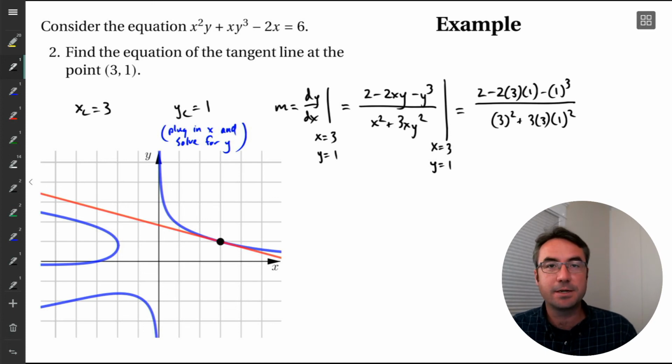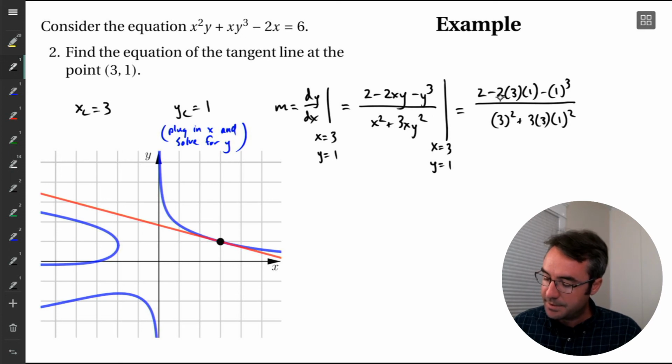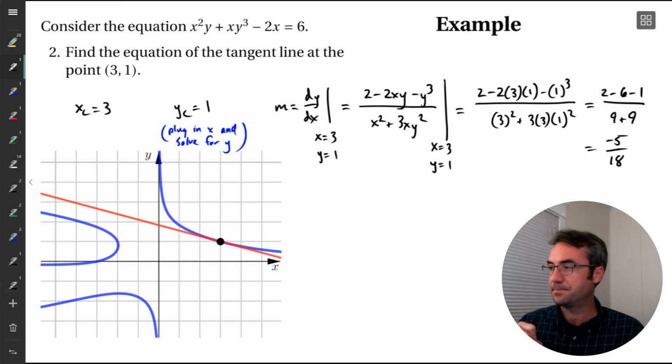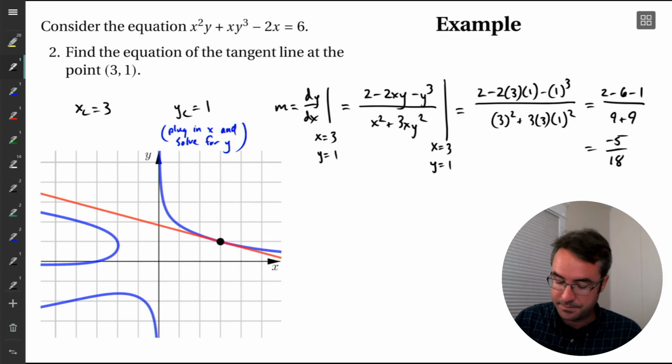We've just plugged in x equals 3 and y equals 1. Clean this up, we get 2 minus 6 minus 1 on the top and 9 plus 9 on the bottom. So we end up with negative 5 over 18. So there's the slope of our tangent line.